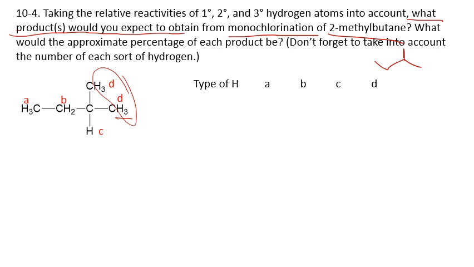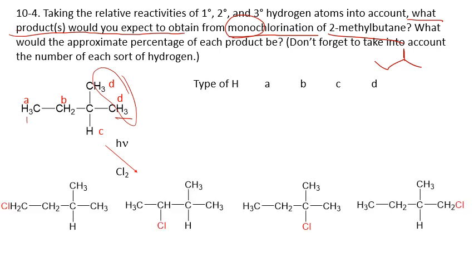So when you replace one of these hydrogens, note that it says mono, so you only replace one hydrogen. If you replace hydrogen A with chlorine, this is the product. If you replace hydrogen B, you get the second product.